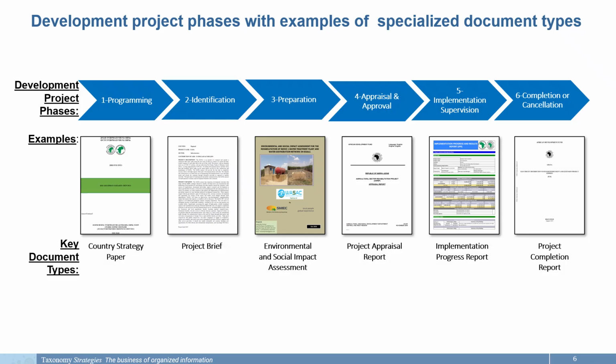A template related to specific types of reports can be associated with a specific phase in the project lifecycle when that type of report is generated, and specific metadata and metadata values can automatically be filled in based on this context.